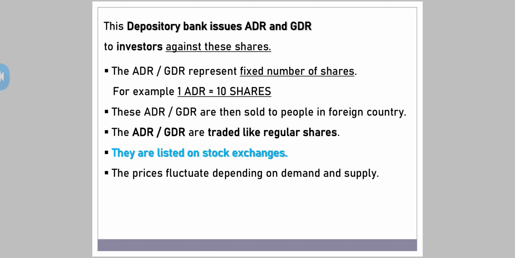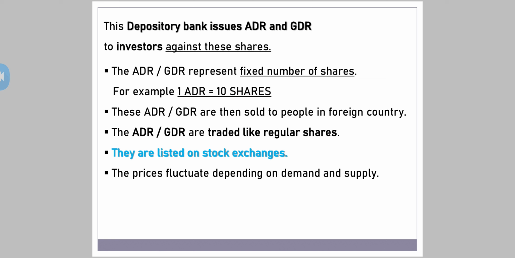See, there are certain important points which you are supposed to remember. The ADR, GDR represent a fixed number of shares. Let's say, for example, one ADR, that is one American Depository Receipt, can hold 10 shares of the company. These ADR or GDR are then sold to people in a foreign country.